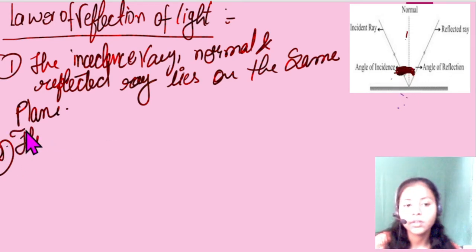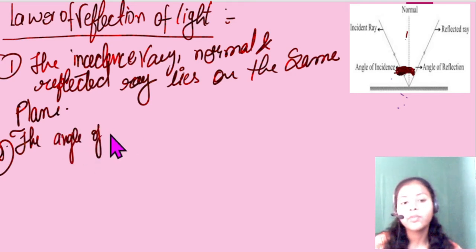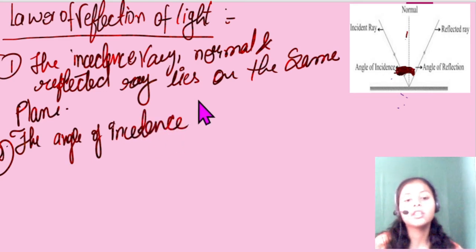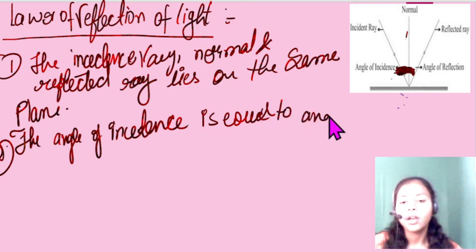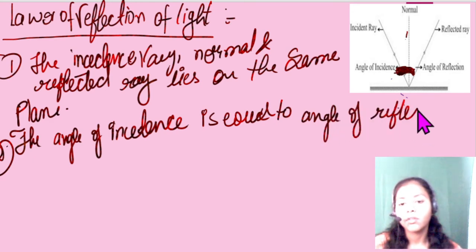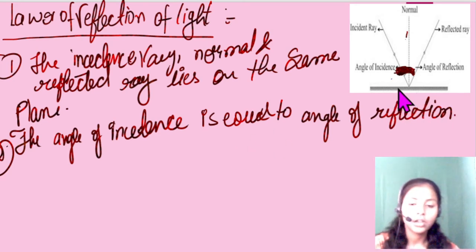The angle of incidence is equal to the angle of reflection. So our topic of laws of reflection of light is completed.